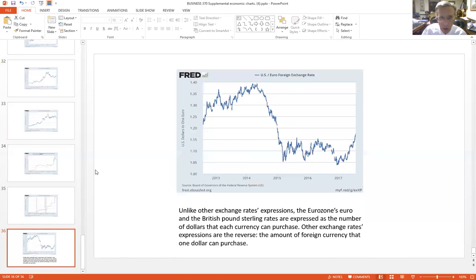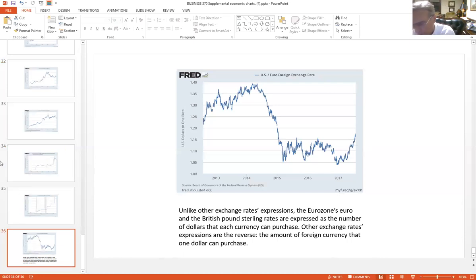And so with the European euro and the British pound sterling and the Australian dollar, it simply is convention to quote in terms of the number of US dollars that one unit of foreign currency, the euro, the Australian dollar, or the British pound sterling, can purchase.